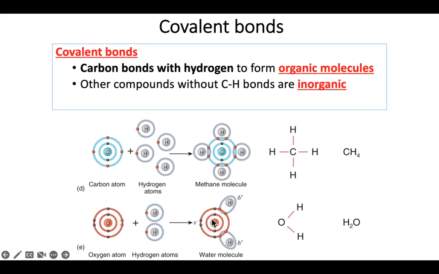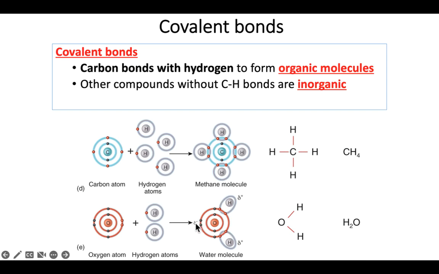Now, what's the difference here? The difference we're going to talk about on the next slide is sometimes there's equal sharing and sometimes there's unequal sharing. In this situation, these pairs are being shared equally. So the electrons spend the same amount of time around the hydrogen as they do around the carbons. Here, when we get to water, the oxygen pulls more of the electrons towards it. So the electrons spend more time around the oxygen, which makes that oxygen a little bit negatively charged.